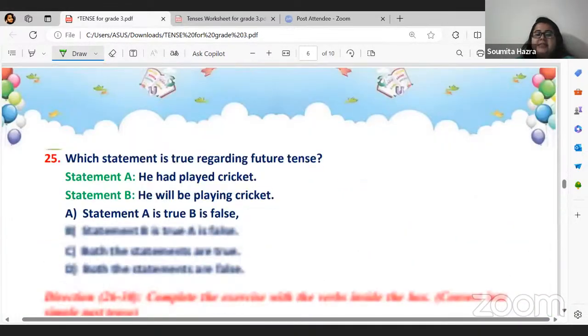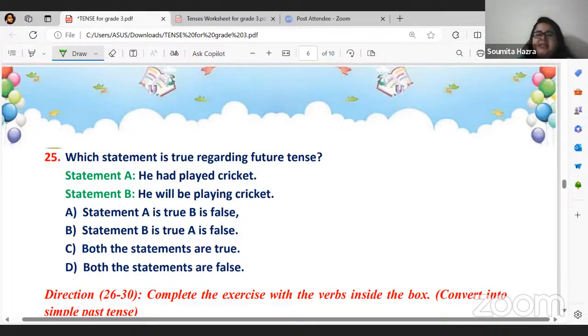The next question, similar to the previous one. Which statement is true regarding the future tense? Which one is written in future tense? You need to find that out. He had played cricket, or he will be playing cricket. Statement A is true but B is false.